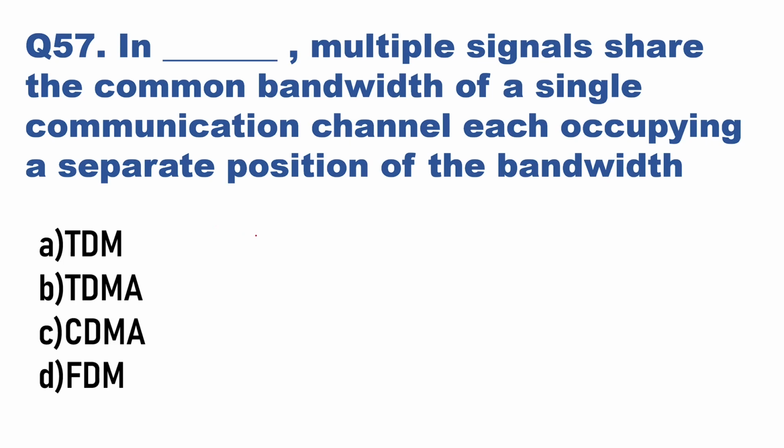So here, if you are having a bandwidth of say 0 to 100 kilohertz, then you can have 0 to 10 kilohertz for one channel, 10 to 20 kilohertz for another channel, 20 to 30 kilohertz for another channel, or 30 to 40 for another channel.